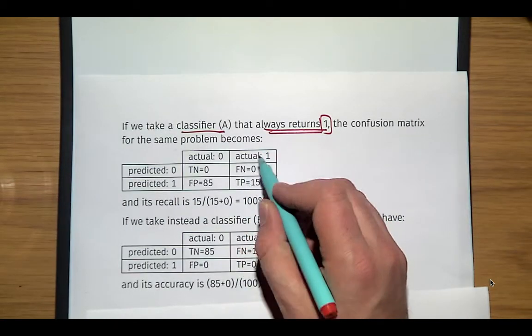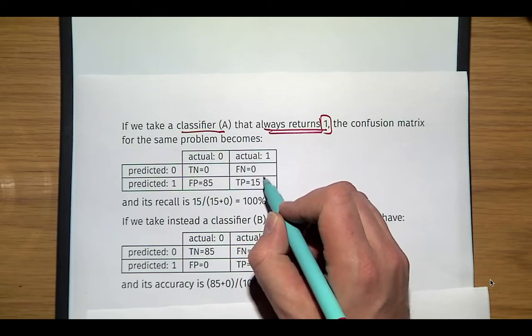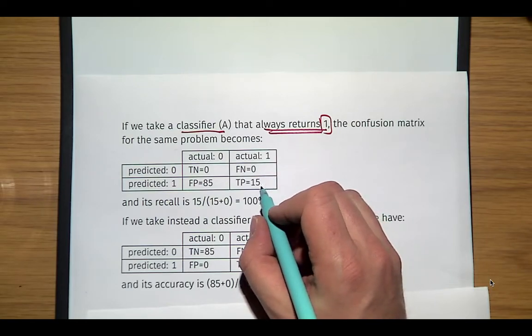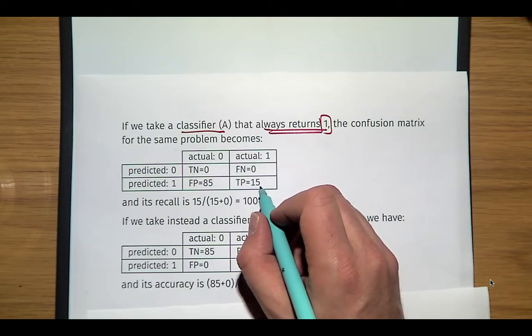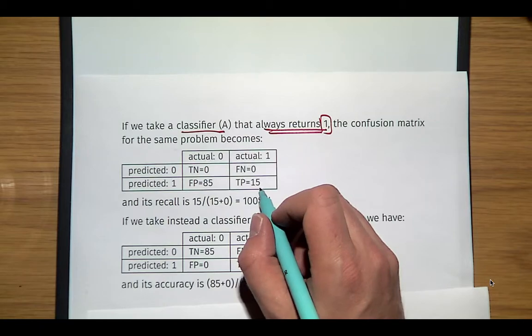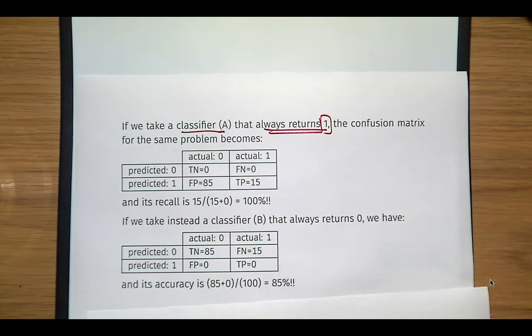And in this case, because we always return 1, if indeed the class is 1, then we will be right all the time. So 100% of our predictions when the object is of class 1 will be correct. There is no false negative because we don't produce any negative output. There are no zeros.